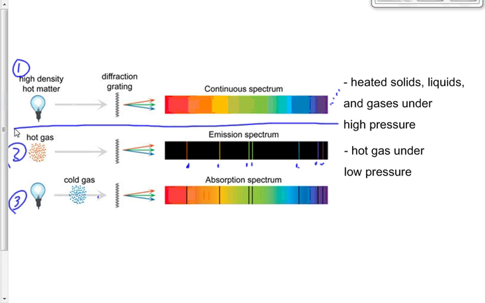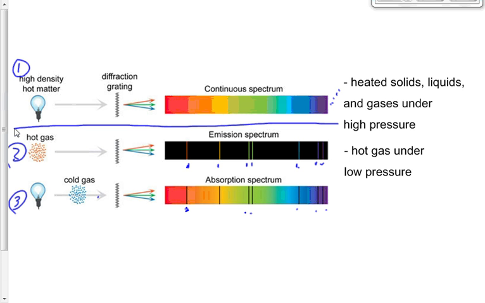Well, the continuous spectrum minus a photon right here, minus a red photon that was absorbed. A continuous spectrum minus a couple green photons that were absorbed to cause the electrons to jump to higher levels. A continuous spectrum minus a blue and an indigo and a violet photon that caused the electrons to jump to higher levels. Is that okay?